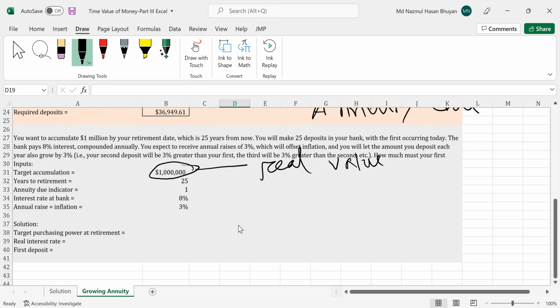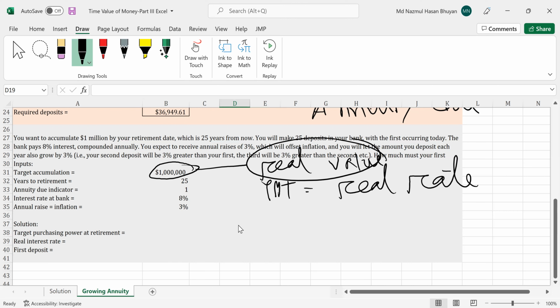And then you are going to calculate your PMT for this real value using the real rate or real interest rate. Then you are going to get the PMT adjusted for the inflation.